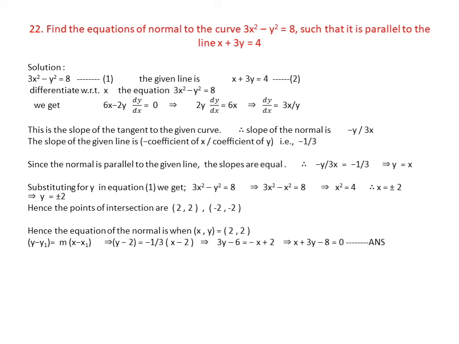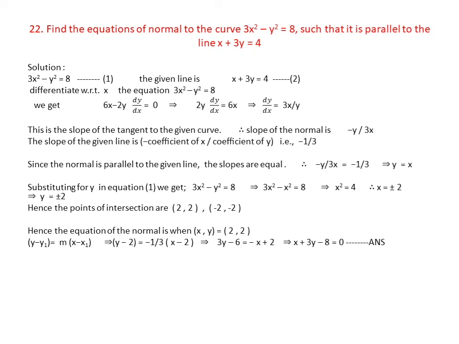Now, the two points are here, that is (x1, y1), and the slope is given to you that you've already calculated, which comes out to be minus 1 by 3. Now I'm going to simply make use of the formula of the equation of the line passing through a given point whose slope is given to you, that is y minus y1 equals m times (x minus x1).